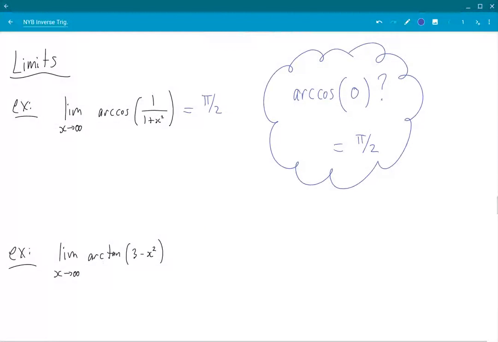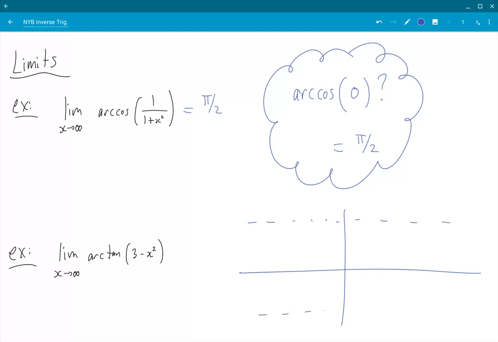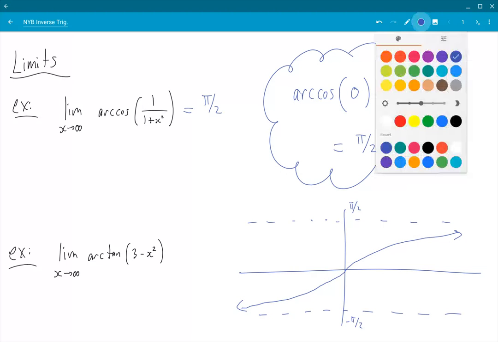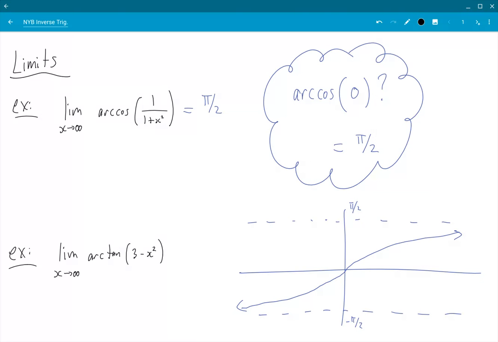Now for this one, you're definitely going to have to memorize the graph of arctan. Got pi over 2 up here, got minus pi over 2 down here as horizontal asymptotes. So x is going to plus infinity, and therefore this expression in the rectangle is going to minus infinity.